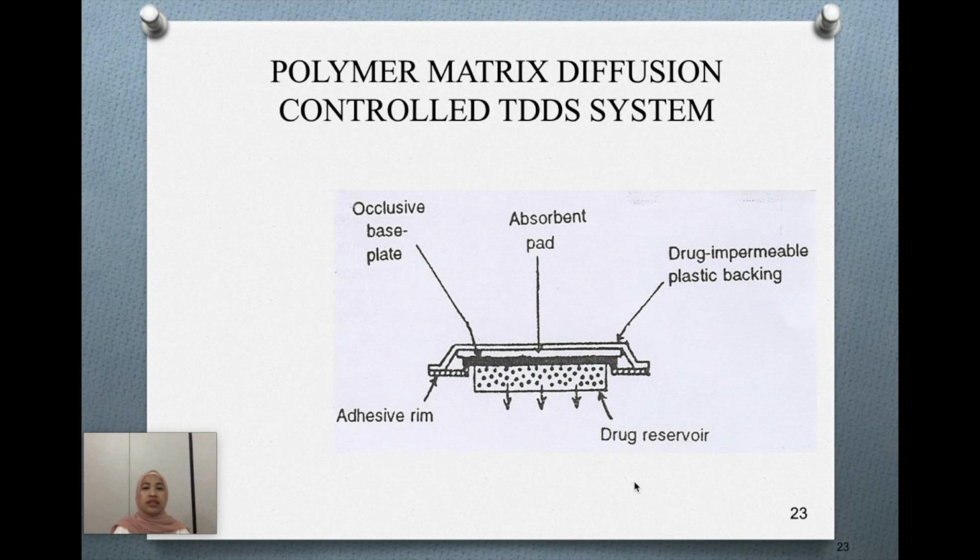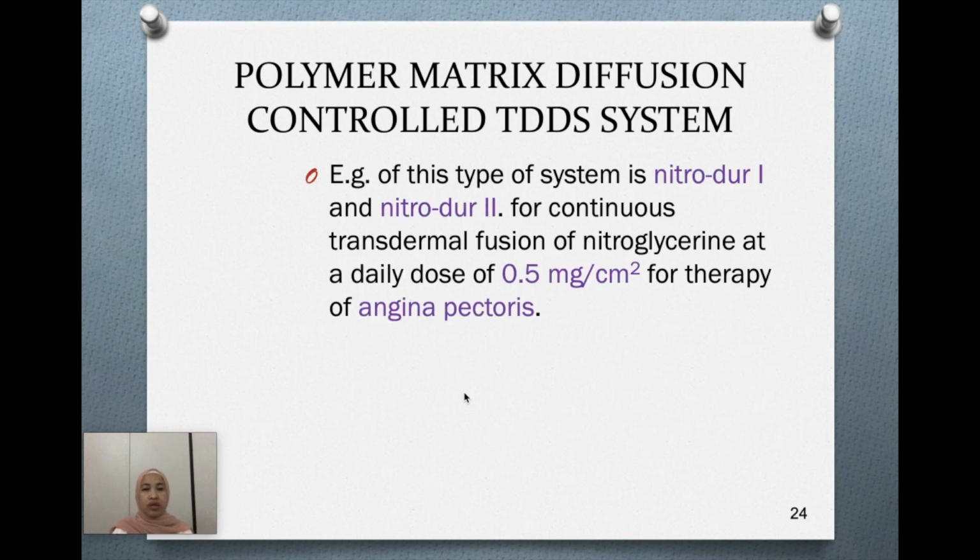Another one is diffusion controlled TDDS system. So here you have the absorbent pad, you have the drug reservoir, and you have the adhesive ring here. So the drug reservoir actually is directly situated onto the skin for drug release, while the adhesive ring is at the side of the patches. So example is Nitrodisc 1 and Nitrodisc 2.